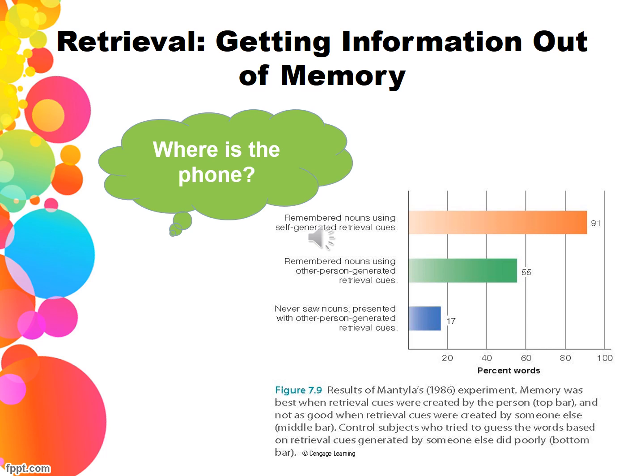A very simple example that you have in your daily life is sometimes you might forget where your phone is. So what is the best way for you to find this phone? A very simple one, go back to the location that you went to just now.